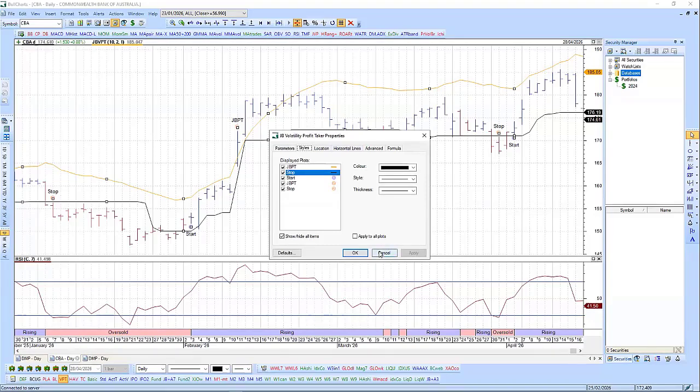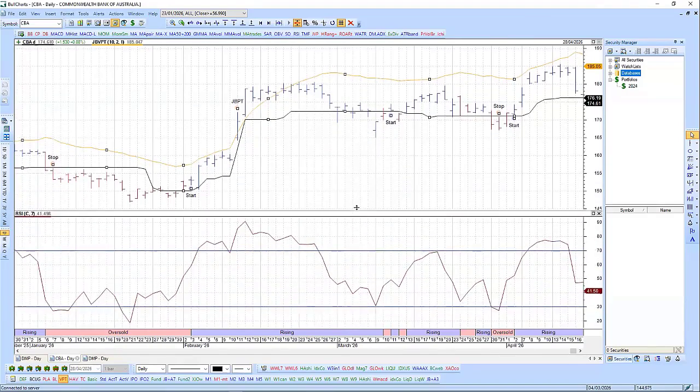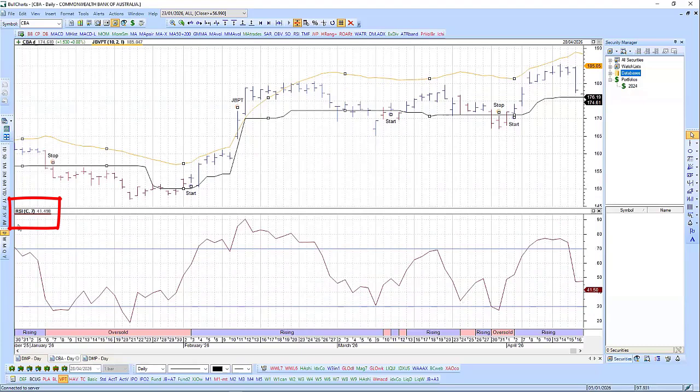You can change those if you want. And a part of Jim Berg's strategy, if you're familiar with it, is, down in the bottom pane here, we've got RSI based on closing price, but calculated over 7 periods. Now, the default RSI, if I remember rightly, is 14. But in Jim Berg's strategy, he uses RSI 7.